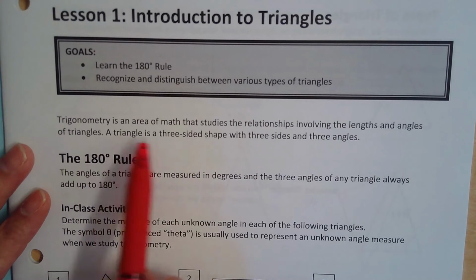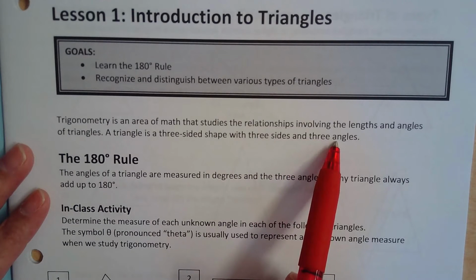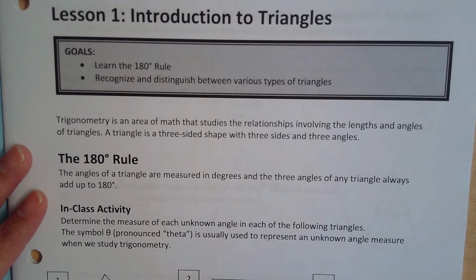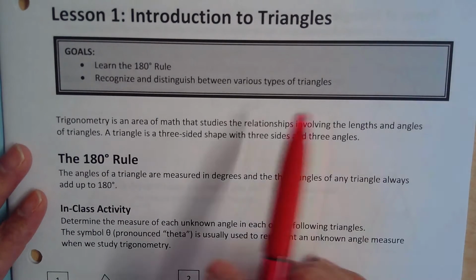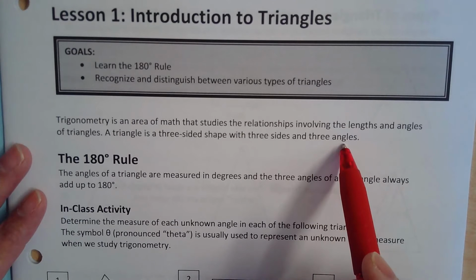A triangle is a three-sided shape with three sides and three angles. So we already know this from way back in elementary, right? A triangle has three sides. When we were younger, we didn't really say three sides and three angles, right? We just had three sides.